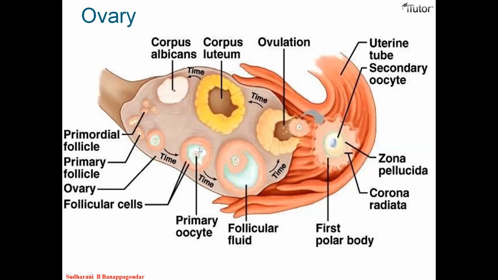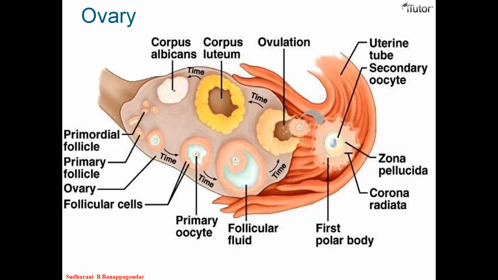So when the baby in the mother's womb is around 20 weeks, or 5 months, around 50 to 70 lakhs, or 5 million, primary oocytes will be present in the ovaries.